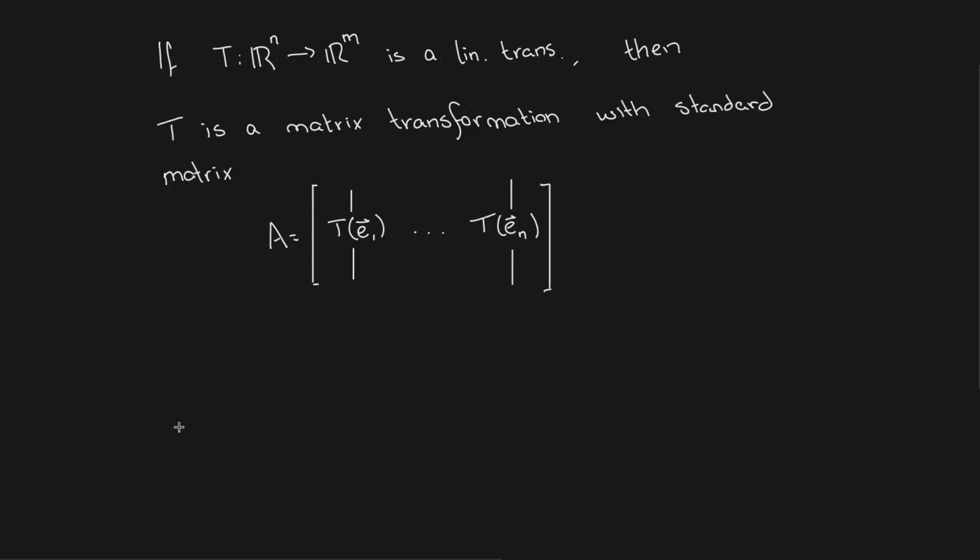If we have a linear transformation from some vector space V to some other vector space W, and these could be abstract vector spaces or subspaces of Rn to Rm, then this does not need to be a matrix transformation in the same way.